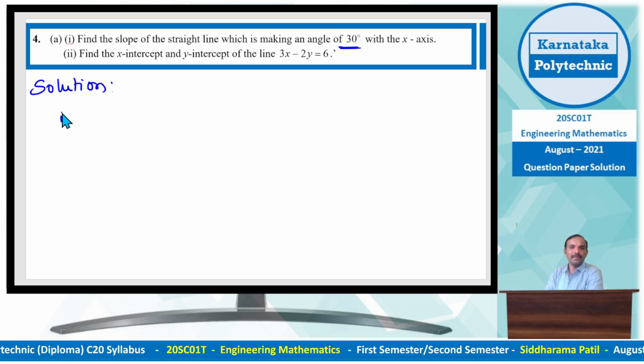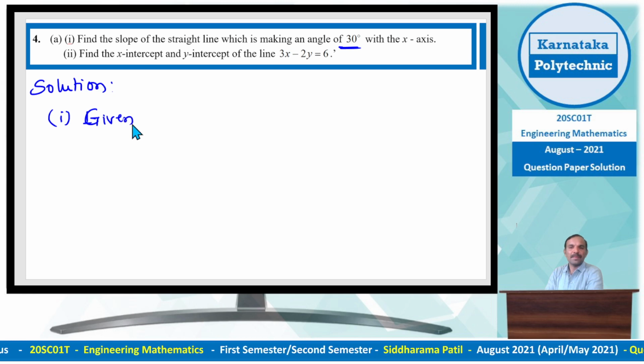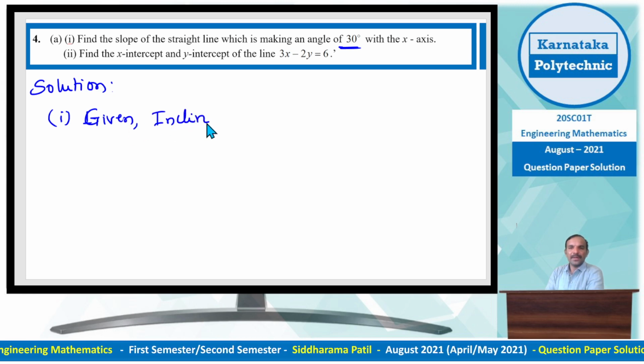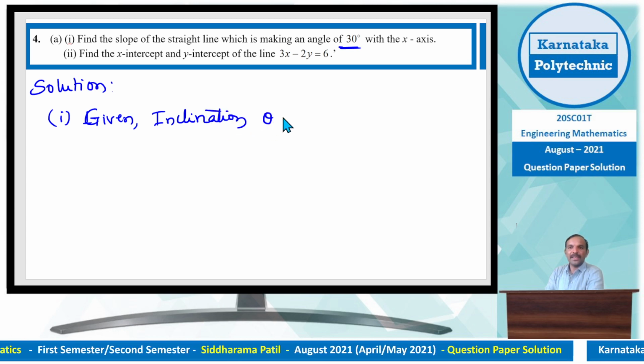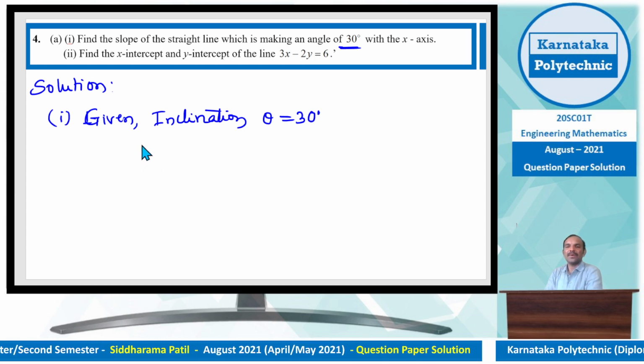For 1, the angle is given, which means they are given the inclination theta. Inclination theta equal to 30 degrees.